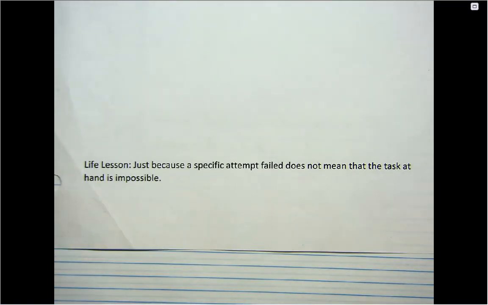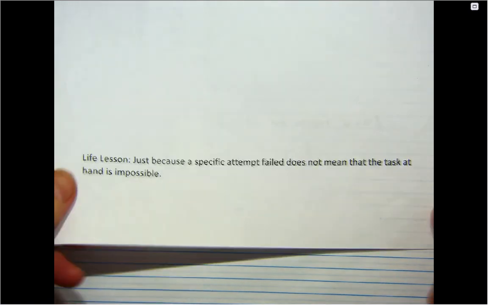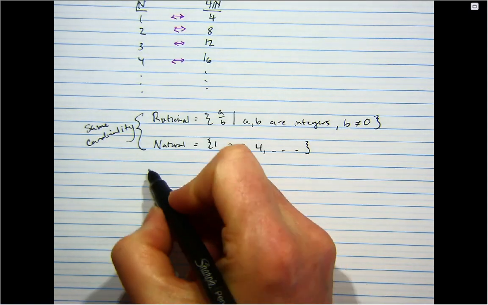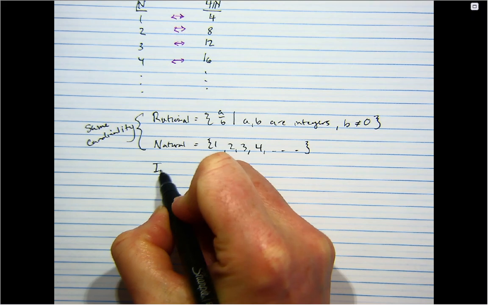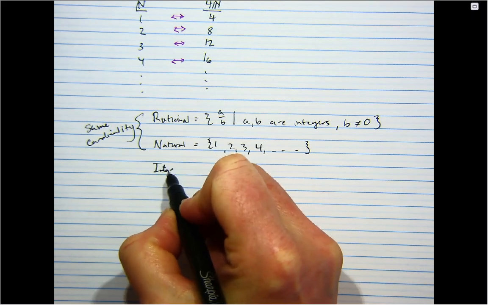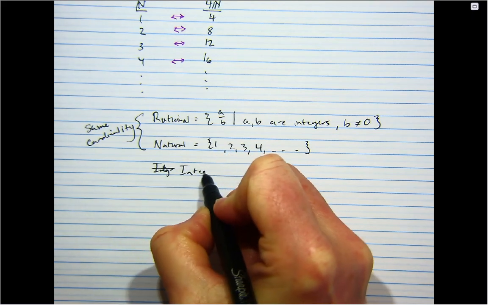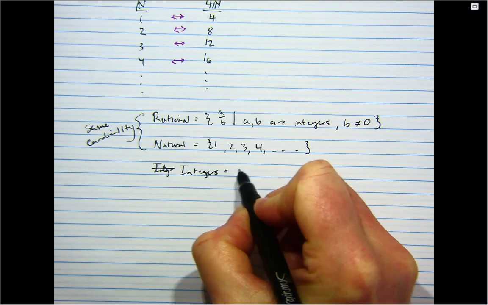So a life lesson in that section is just because a specific attempt failed does not mean that the task at hand is impossible. So I'd ask you to make a one-to-one pairing, if possible, between the integers and the natural numbers.